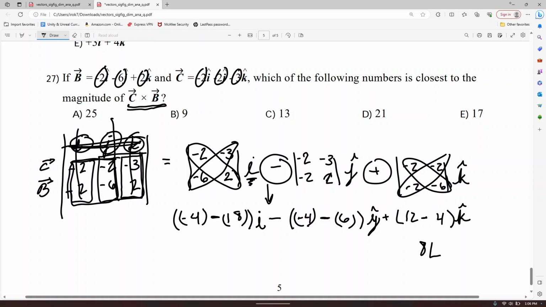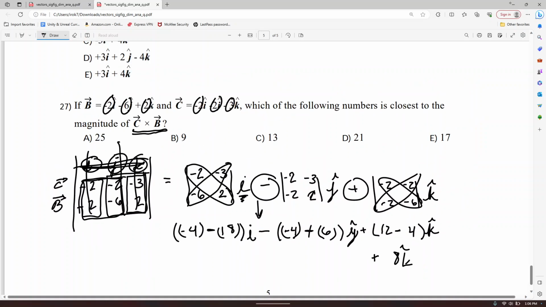So when we bring these values down, we actually get 14k plus, now here you would get -10j, and remember, the negative brings down, so we actually have to factor this to make it positive. And from here, we get -22i.